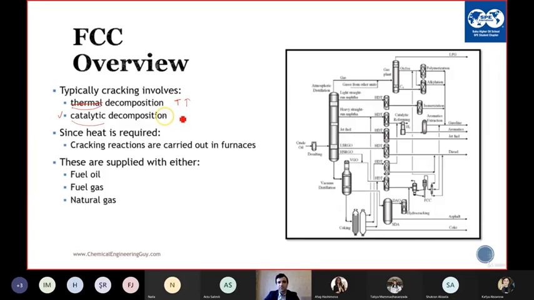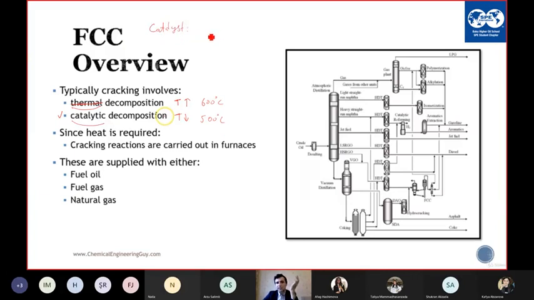And in catalytic decomposition, temperature is not low, but lower compared to the thermal decomposition. For instance, we can have 600 Celsius here, but we can have 500 Celsius here with the help of the catalyst.